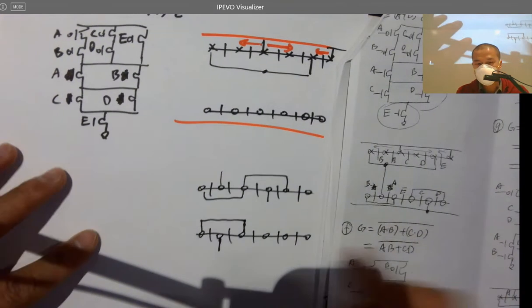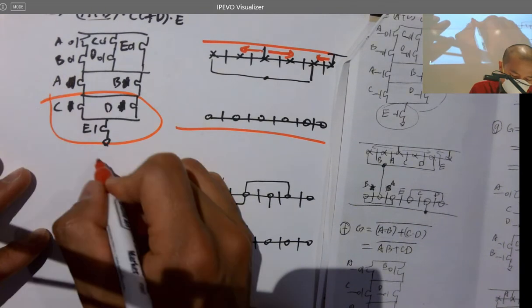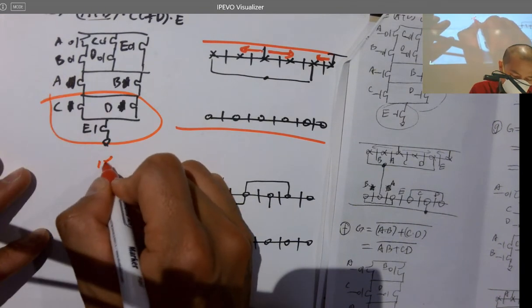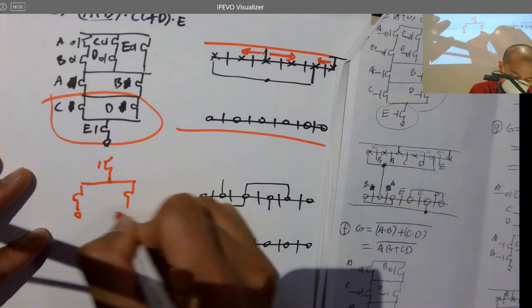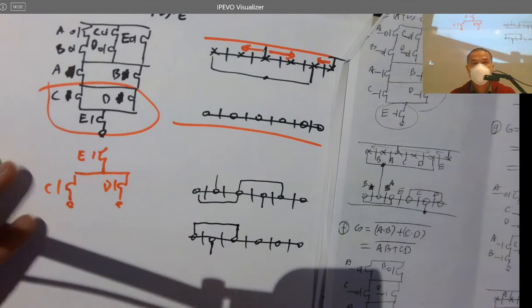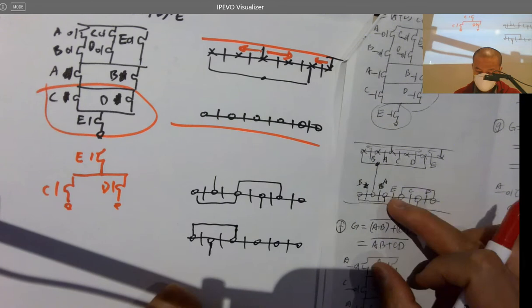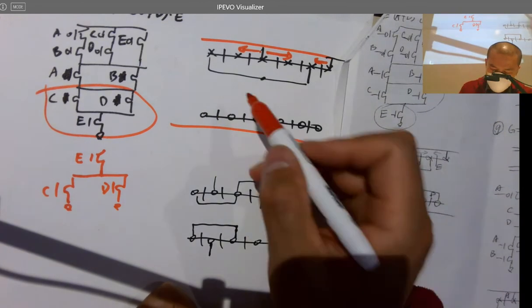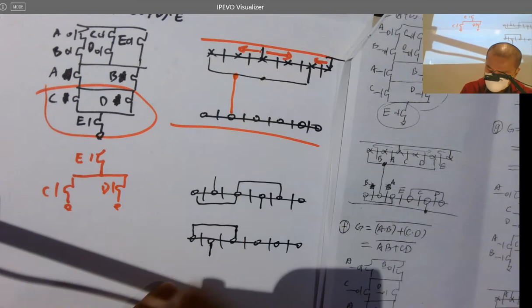Because right now it's difficult to get the stick diagram done. So we have to change this one to E and CD to make it easier to lay it out. So what happens is I did this.